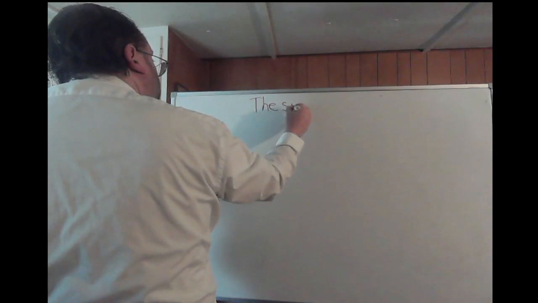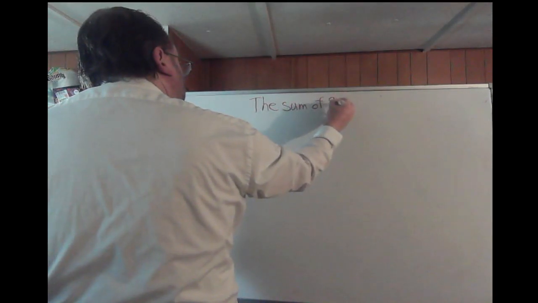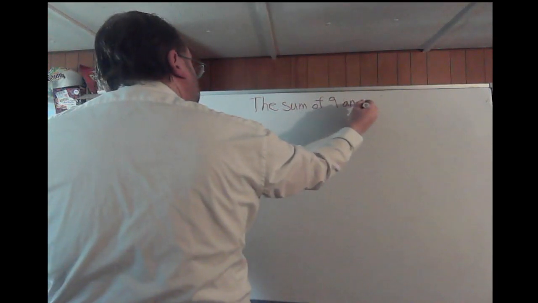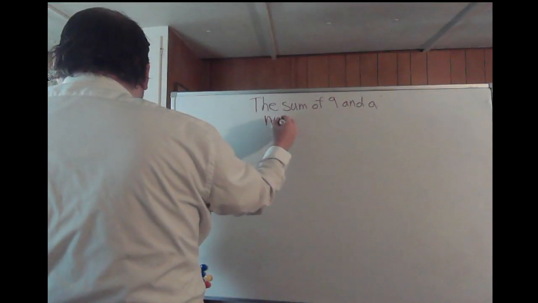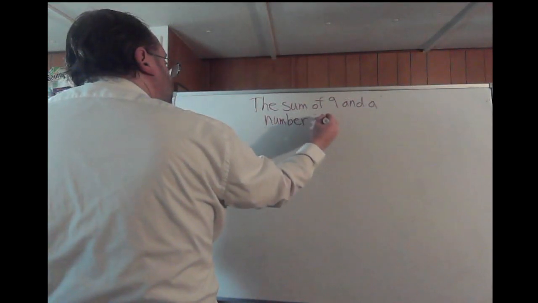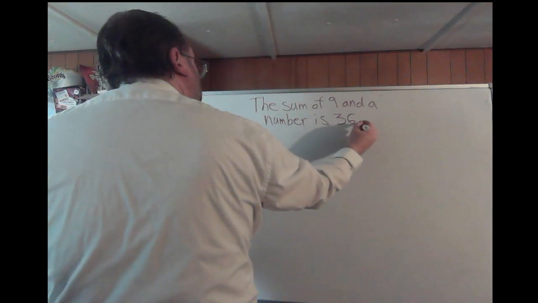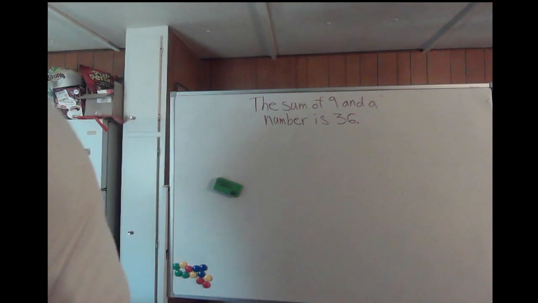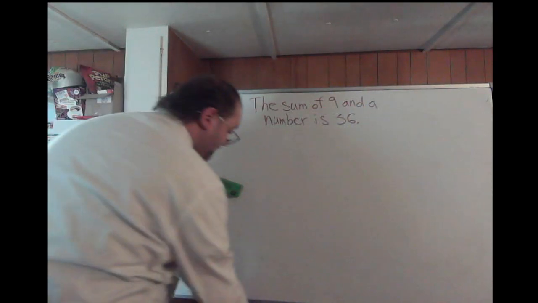All right. The sum of 9 and a number is 36. Okay. So we have the sum of 9 and a number is 36, right?